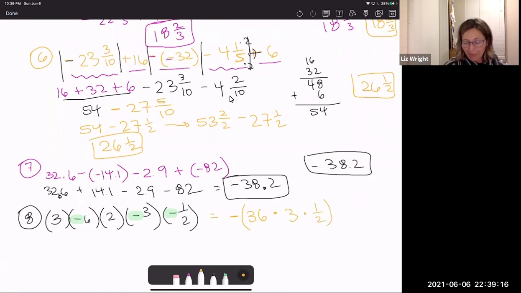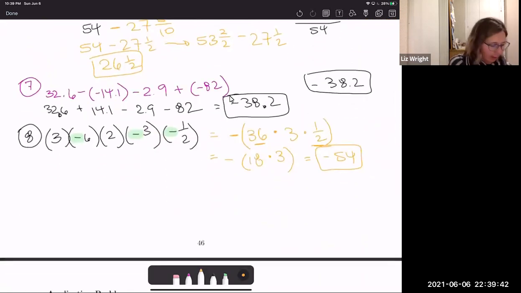So my brain likes to go back and take half of 36, and half of 36 is going to give me 18. And then multiply it by 3. And what should we be getting? I think 54. Yeah, 54. So you should be getting negative 54 for that one. If you're not, double check your calculations there.